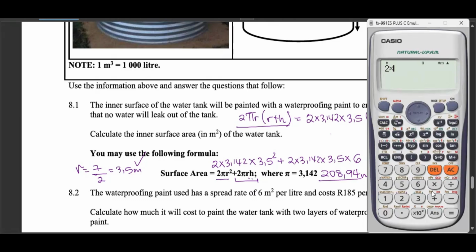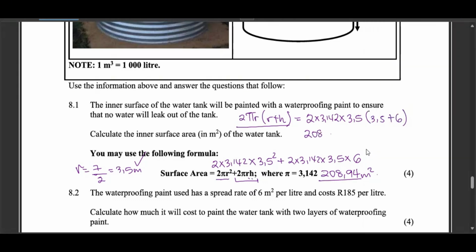You'll get your full marks. 2 times 3,142 times 3,5, open bracket, 3,5 plus 6. You still get the same answer of 208,94. Don't forget the units.